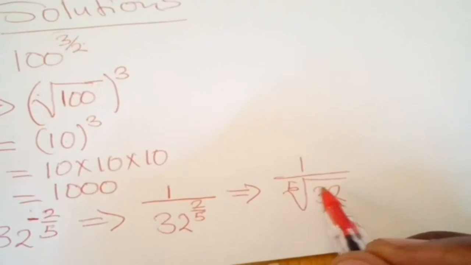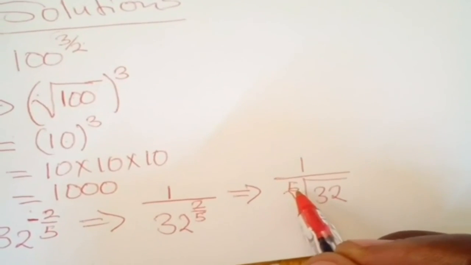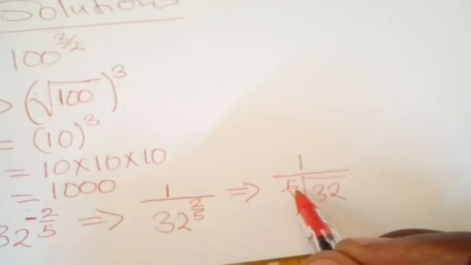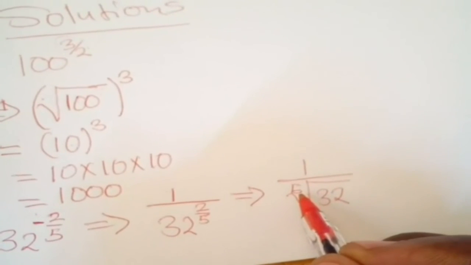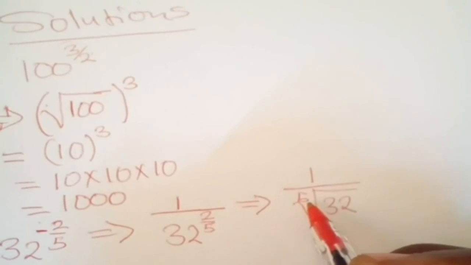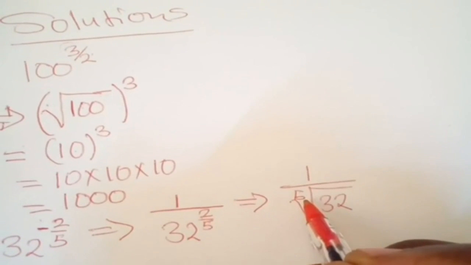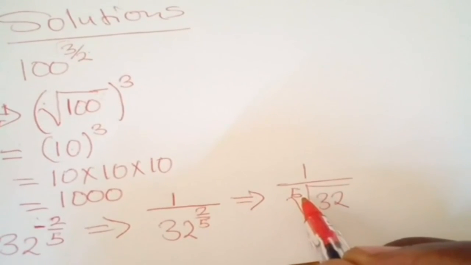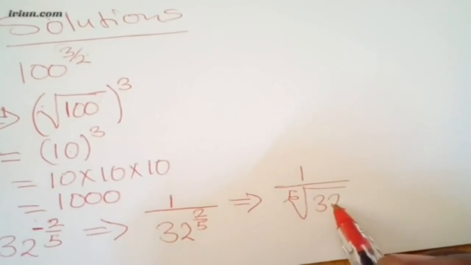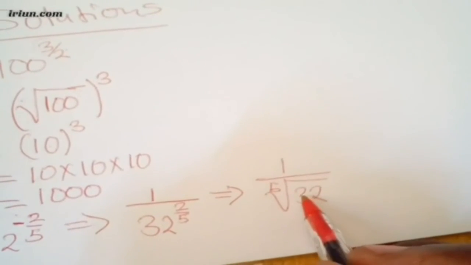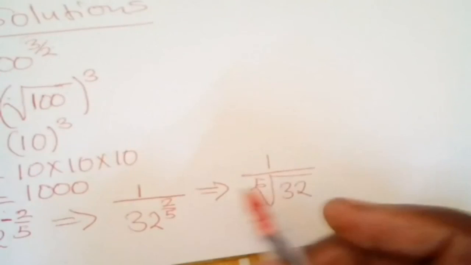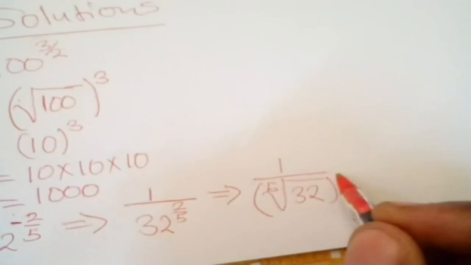I repeat, when you have been asked to find a 5th root of a number, it means you've been asked to find an integer such that when that integer is multiplied by itself 5 times, you should get 32. So this 5 is here, then we have the 2. 2 is going to be outside there, like this.